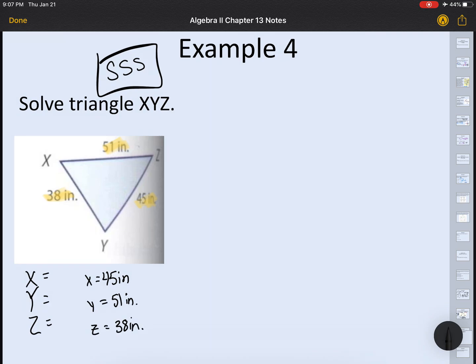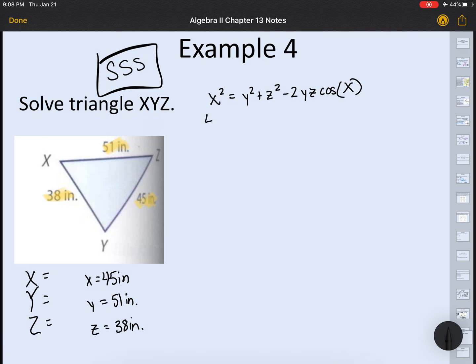All right. Let's say we want to figure out angle x. Okay. So I'm going to start out with little x squared is going to be equal to y squared plus z squared minus 2yz cosine of angle x that we don't know.